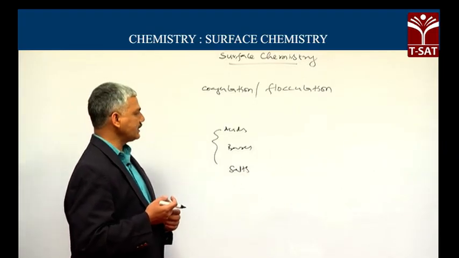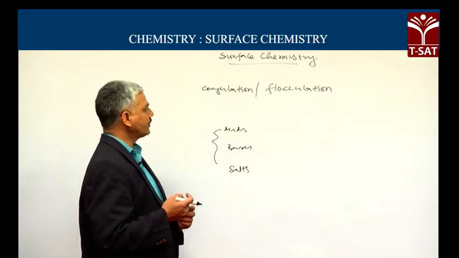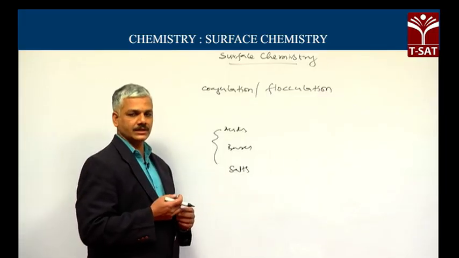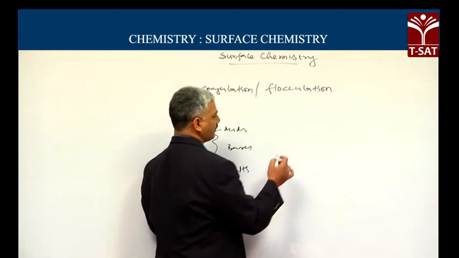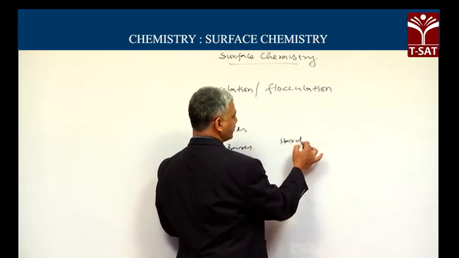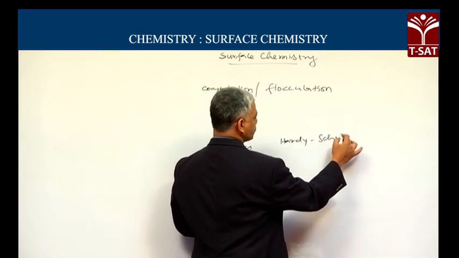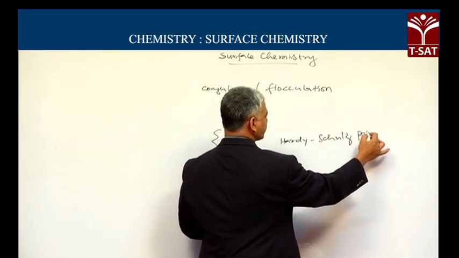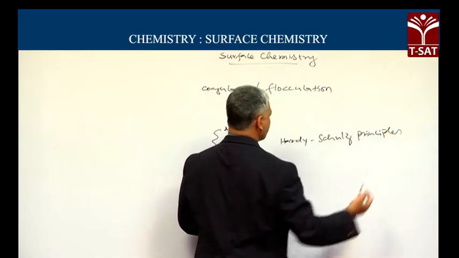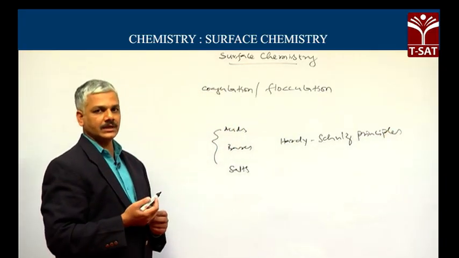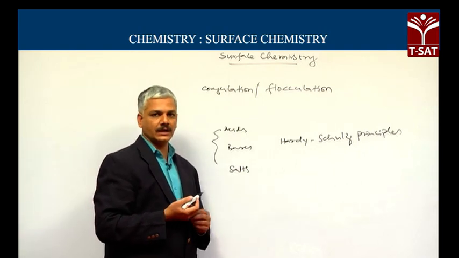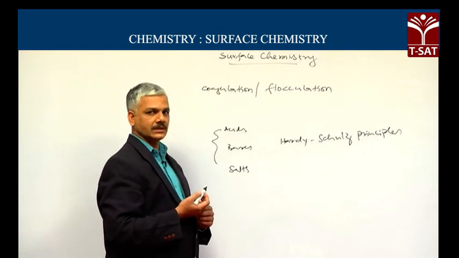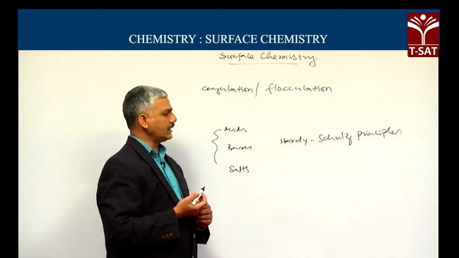The efficiency of an electrolyte to act as a coagulating agent or flocculating agent can be identified by means of rules known as Hardy-Schulze principles, according to which with increase in the magnitude of charge, whether it is positive or negative, the efficiency of coagulation increases.